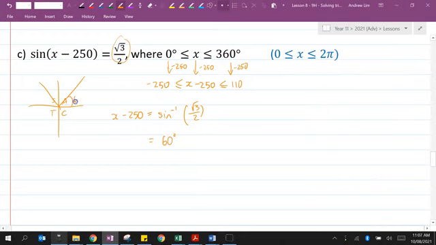So I know that's 60 and I know that's 60. So it's not just 60, it's 180 minus 60, which is 120 degrees.